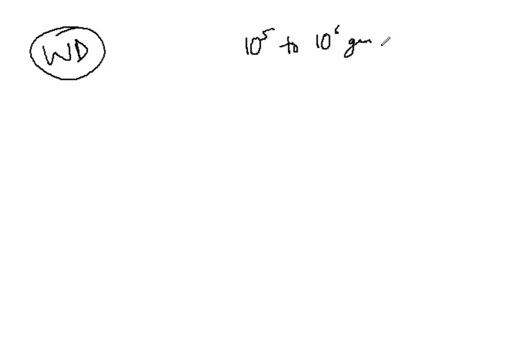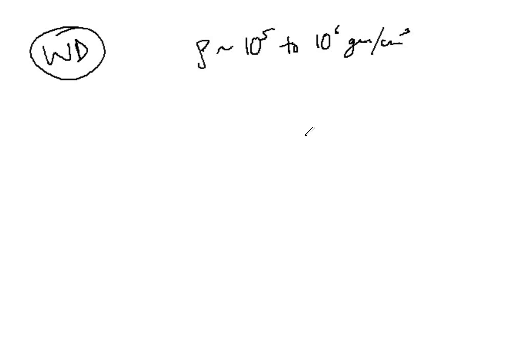Well, white dwarfs are basically supported by degenerate electron pressure, right? And they have mean densities of the order of 10 to the power 5 to 10 to the power 6 gram per centimeter cube. So this is the order of their densities.